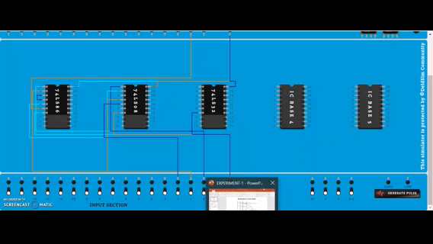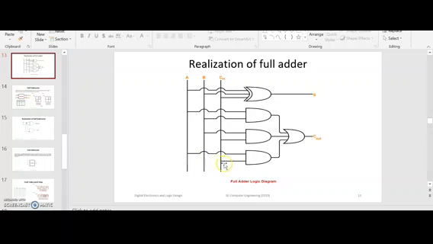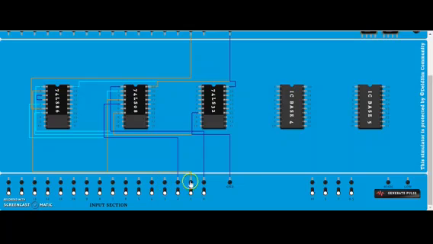And the last AND gate is of A and C in. So this A I will connect to pin 19, and C in I will connect to 18.